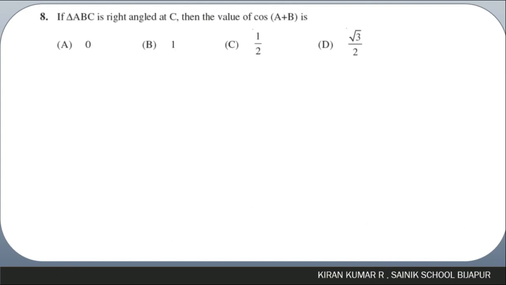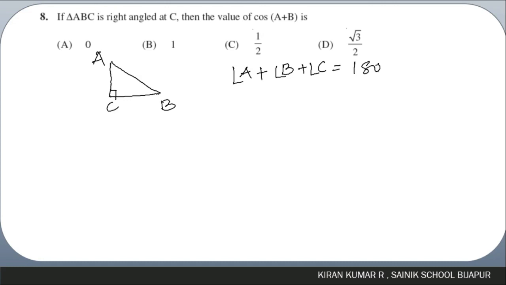Question number 8. If triangle ABC is right angled at C, then the value of cos of A plus B is. We have a right triangle right angled at C. So this will be the triangle. We know angle A added to angle B plus angle C will be 180 degrees. It is by angle sum property.